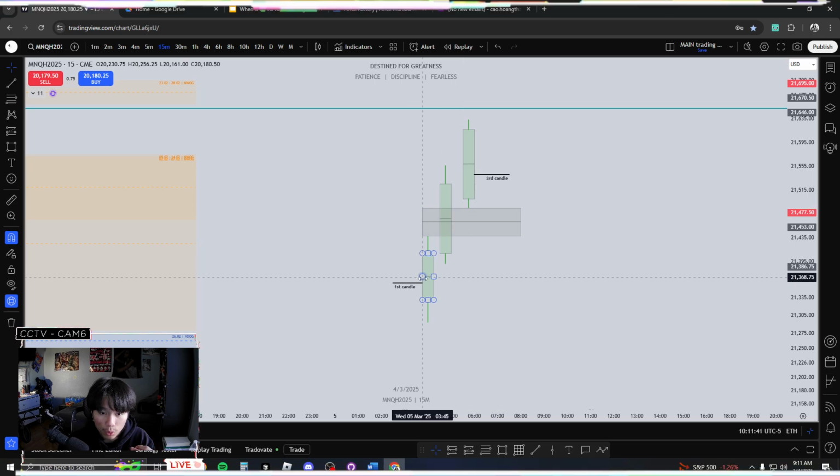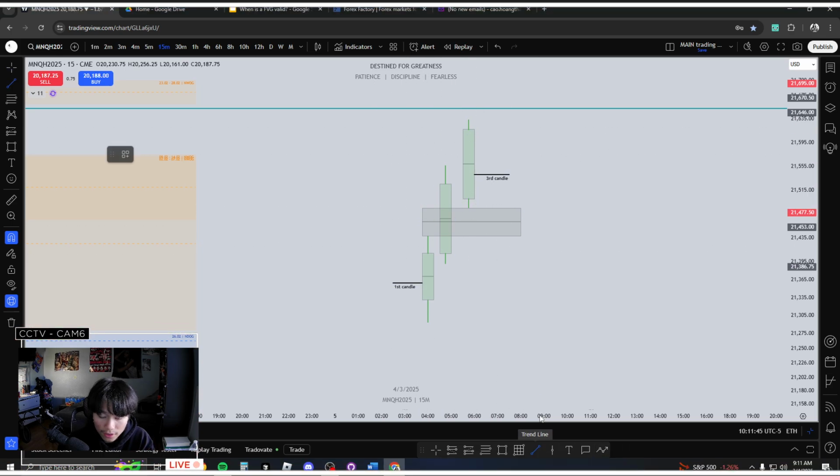So we inefficiently delivered this right here. Efficient delivery would have been something like this, where we traded down into the first candle's high, leaving no gap in between. But because there's this gap between the prices, this leaves behind an inefficiency.